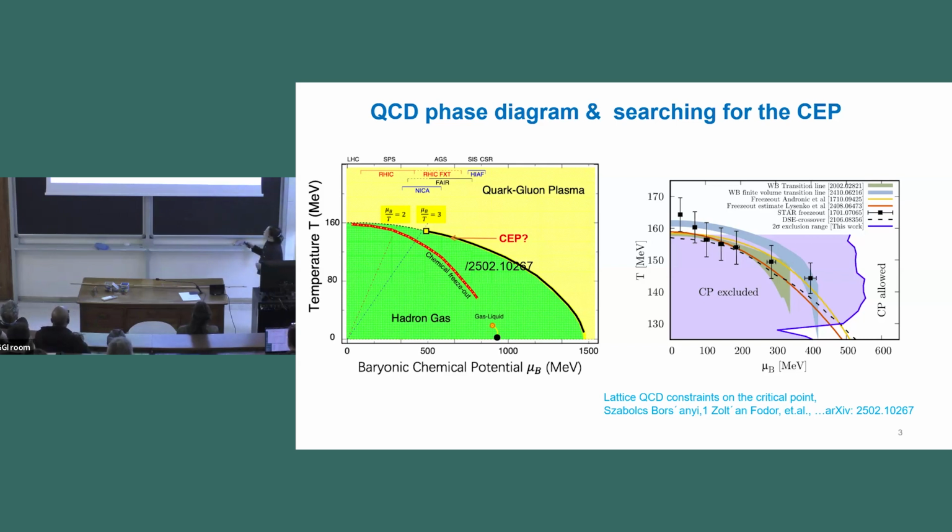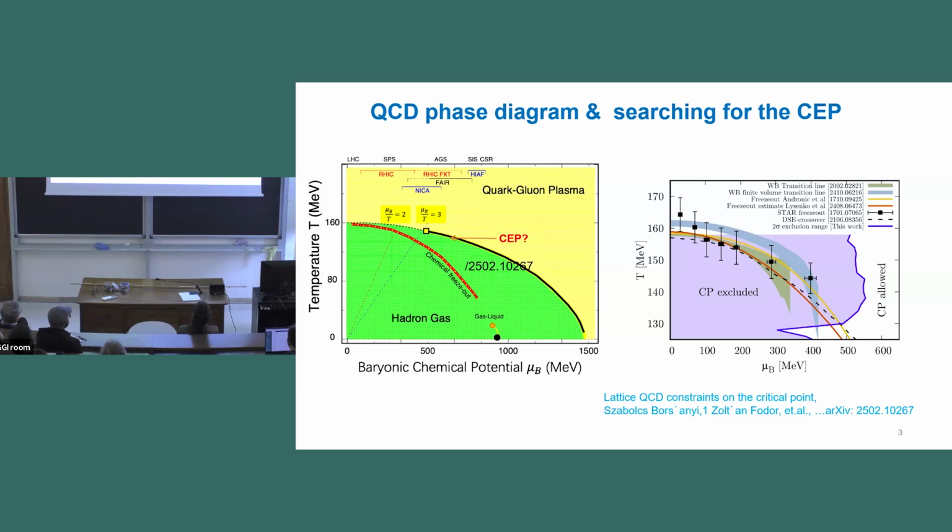So there are many programs to search for this critical endpoint, and also there are some lattice calculations to look for this critical point. And this is a recent work by this group.